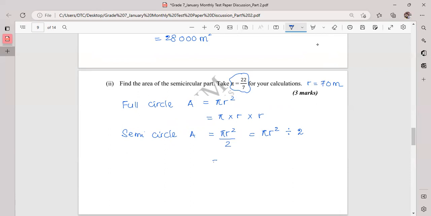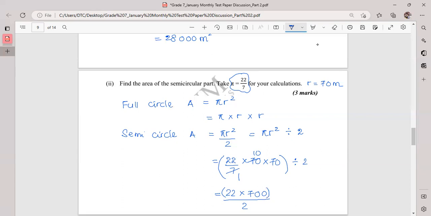Now see what I am doing. That π means 22/7 multiplied by 70 multiplied by 70. That whole thing I want to divide by 2. We'll see what happens. 7 times 1 and 7 times 10. Right? Then what we have? 22 multiplied by 700. And that whole thing you divide by 2.